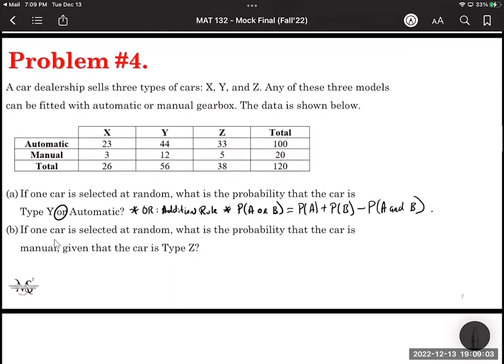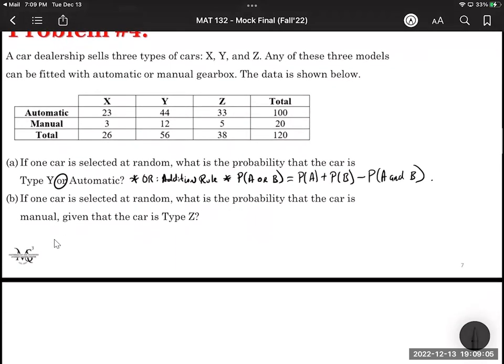So let's look at our A and B. For part A, we have type Y and automatic. So your type Y is essentially your A, automatic is essentially your B. You substitute it into your formula. You have the probability of type Y or automatic.